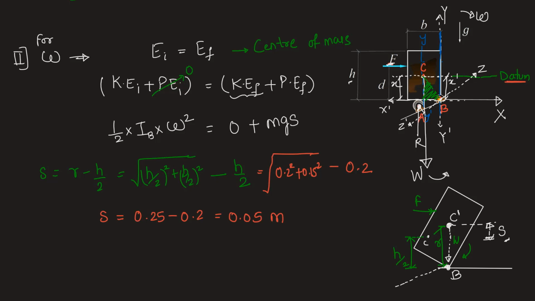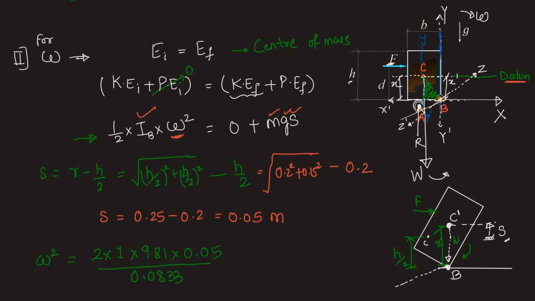So here in this equation we know IB, we know S, g and m. All of the values. We need to find omega, so let's rearrange this equation. So omega square will be equal to 2 into mass, which is 1 kg, into g, which is 9.81 meter per second square, into S, which is 0.05, divided by the IB value we have calculated, 0.0833.